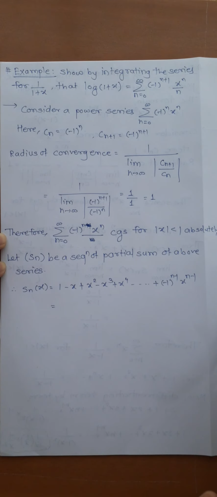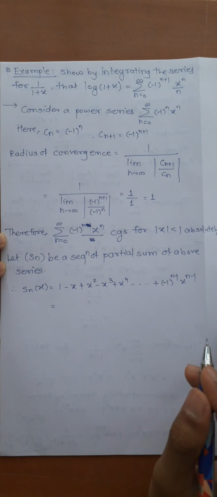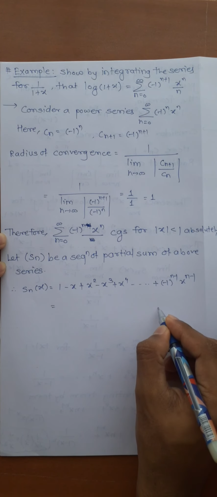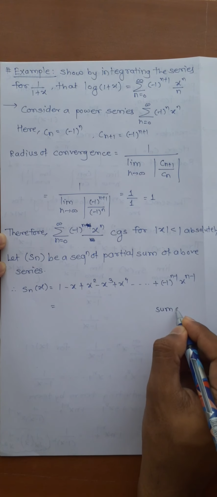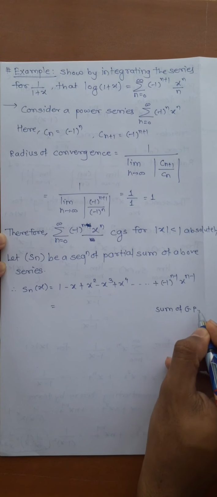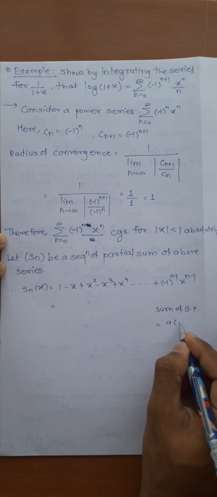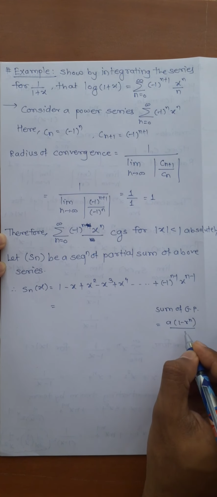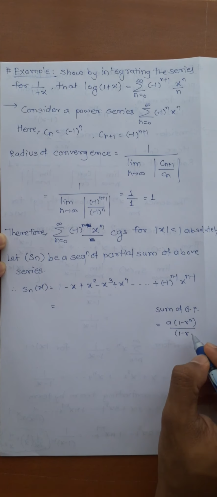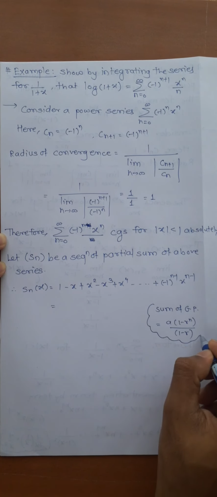So this is a geometric series, and how do we find the sum of a geometric series? The sum of a geometric progression is a(1 - r^n)/(1 - r). This is the formula to find the sum of a geometric series.